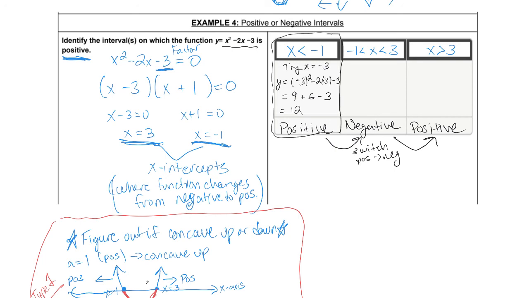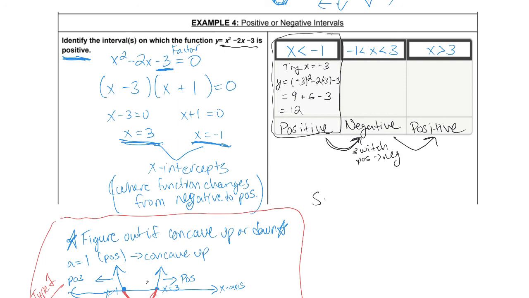If this was negative, the middle one would be positive, and this next one would be negative. Or we can look at our a, and if our a is positive, then we're going to have concave up, and we can look at the graph over here. So either way works, but if you do it this way, remember, they alternate from negative to positive.